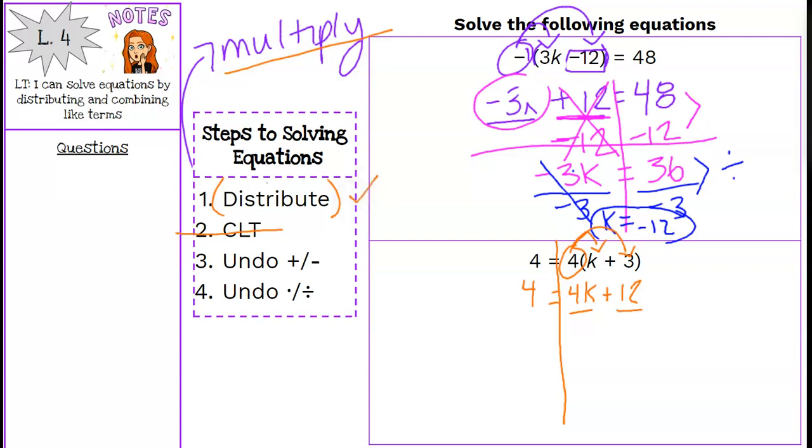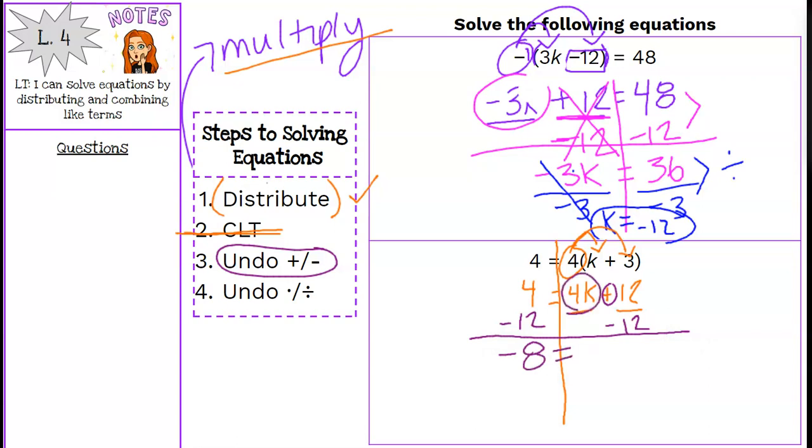Since we did our distribution and we don't have to combine like terms, we move on to our next step, which is undo addition and subtraction. We have plus 12, so we're going to undo that with minus 12. If I do it on the right, I also have to do it on the left. 4 minus 12 is negative 8 equals, I can bring down my 4k, and 12 minus 12 is 0.